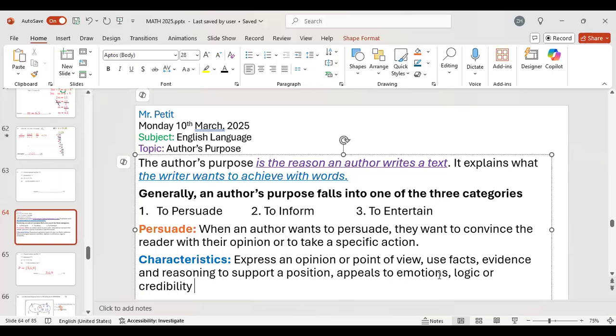And it encourages the reader to believe, to buy, or to do. That's basically the telltale sign. It encourages the reader to believe, to buy, or to do.